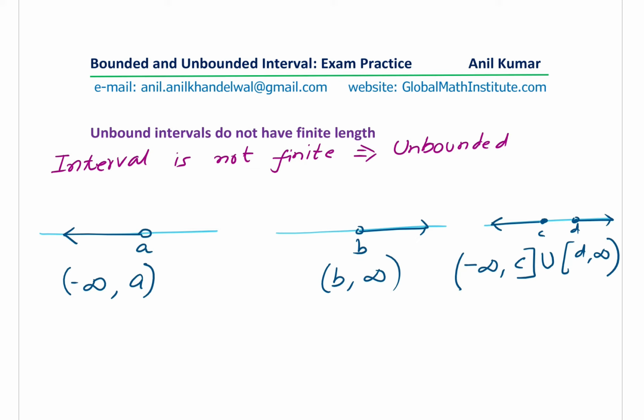Now at this stage, I'd like you to understand that whenever you write an interval between points A and B, remember that the point A is less than B, right? That is important to understand. That is the correct notation.